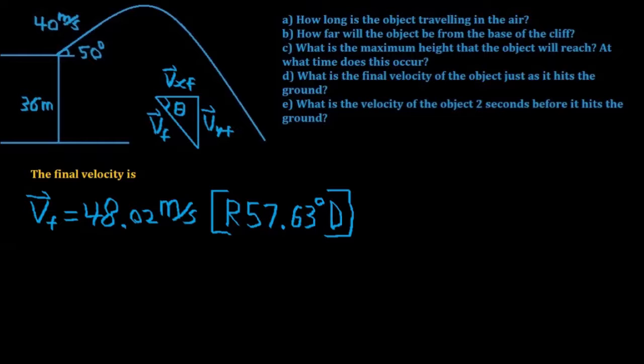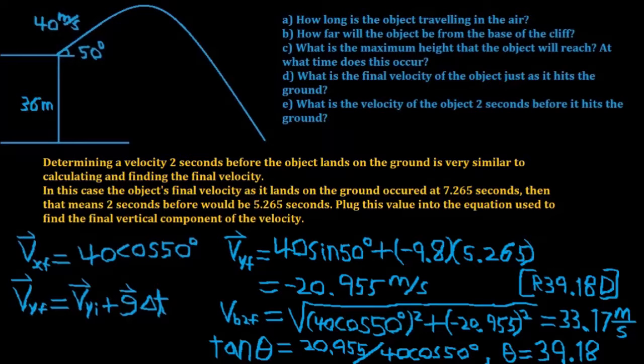Now, the final question, question E, asks, what is the velocity of the object 2 seconds before it hits the ground? This is very similar to the question about the final velocity. You use the same equation, and instead of the total time traveled, you subtract 2 from it, which gives you 5.265 seconds.